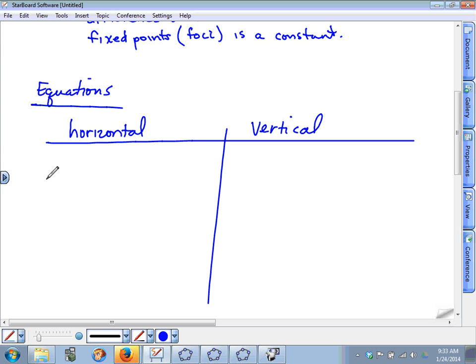So the equation of a horizontal hyperbola is x squared over a squared minus y squared over b squared equals 1.